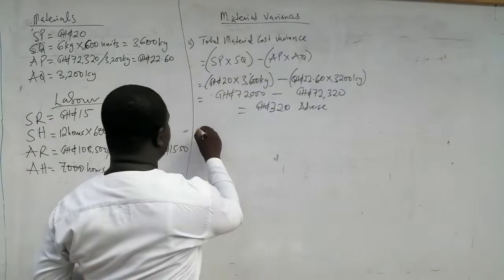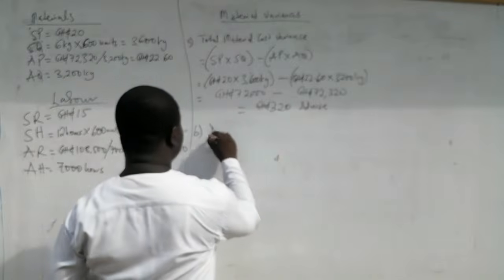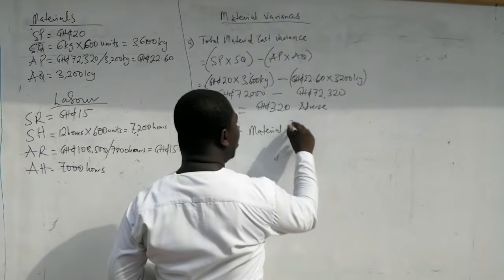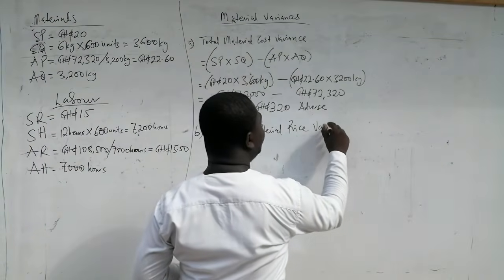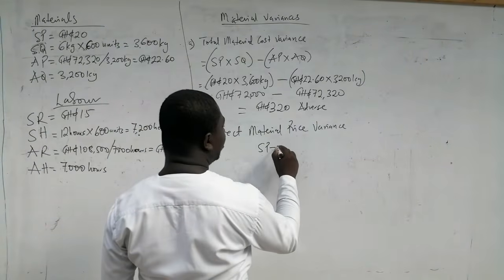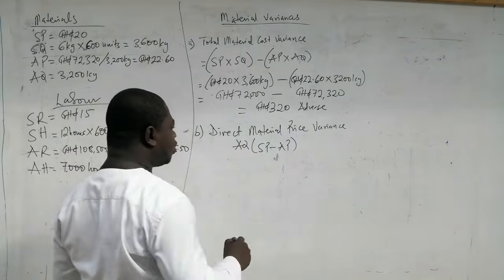All right, so you are supposed to calculate the direct material price variance. Over here, the focus is on price. And so the formula is standard price minus actual price in the bracket, and is valued at your actual quantity.